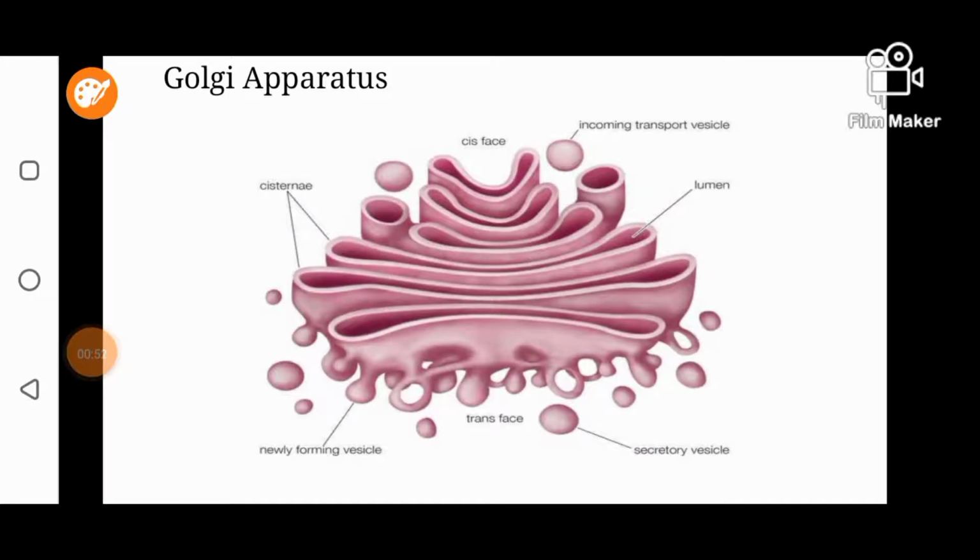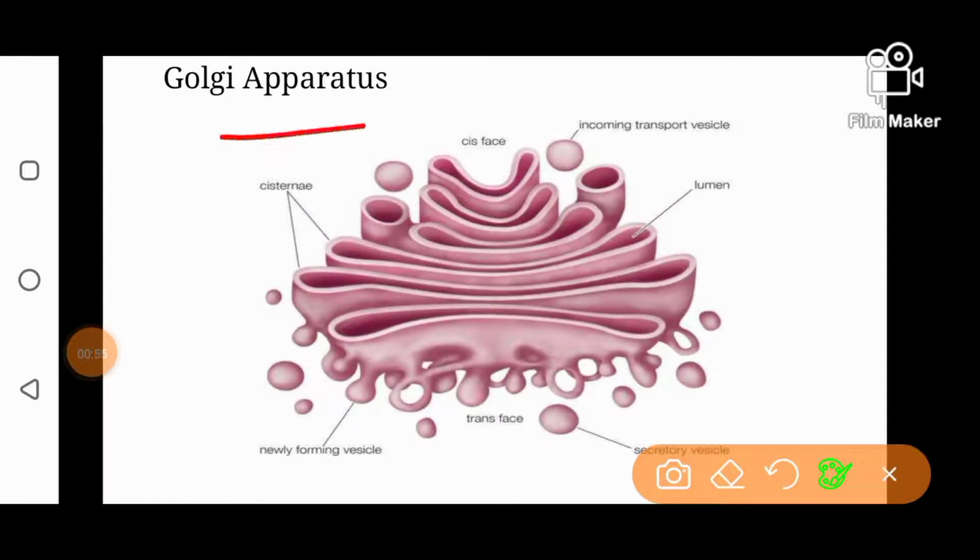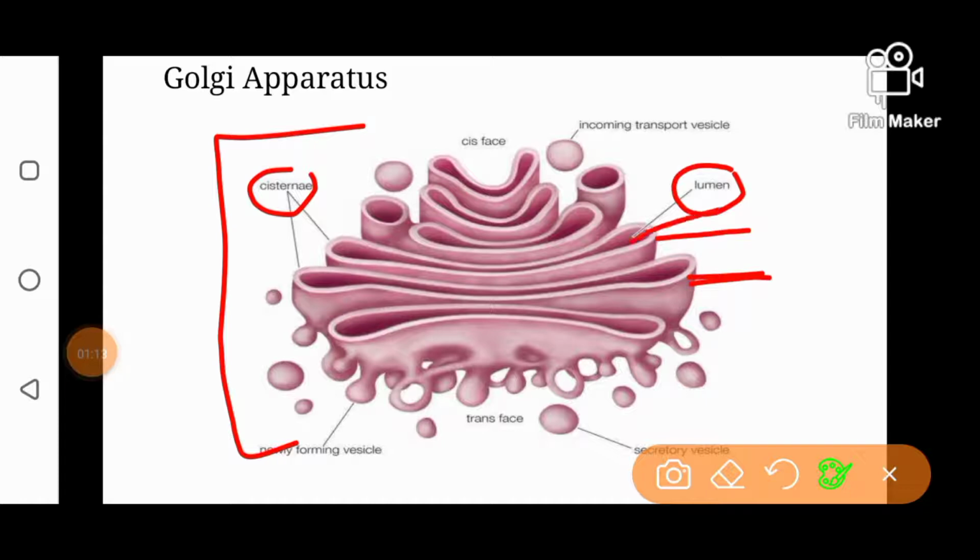As you can see in this diagram, this is Golgi apparatus and we can call this complete bundle a dictyosome. This is a stack of cisternae. These are membrane bounded cisternae enclosing a space known as lumen. This is lumen space or cisternal space.